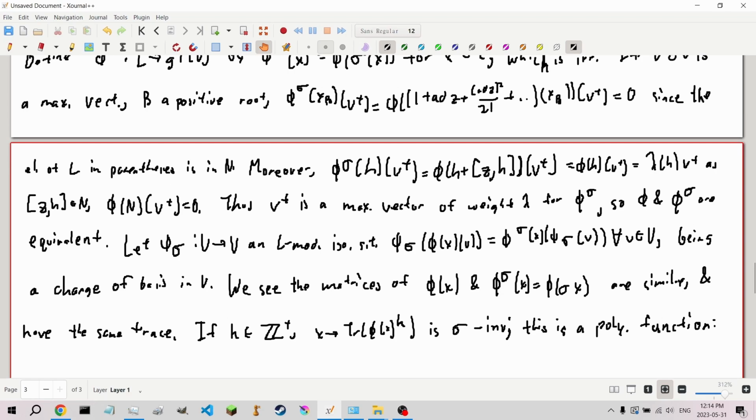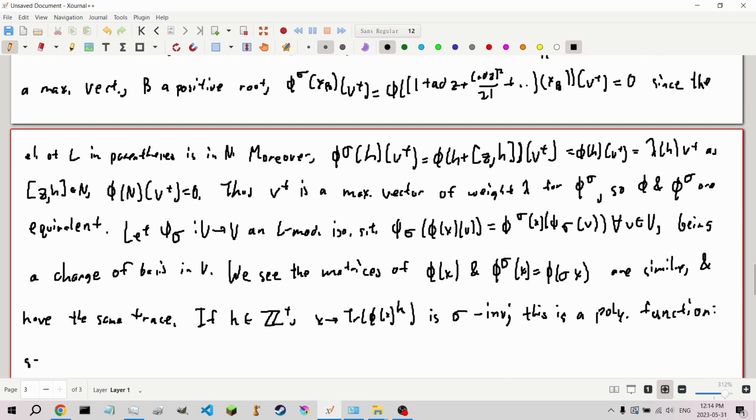This is a polynomial function, as starting with the linear, of course, coordinate functions of phi of x, the entries of phi x to the k become polynomials in these.